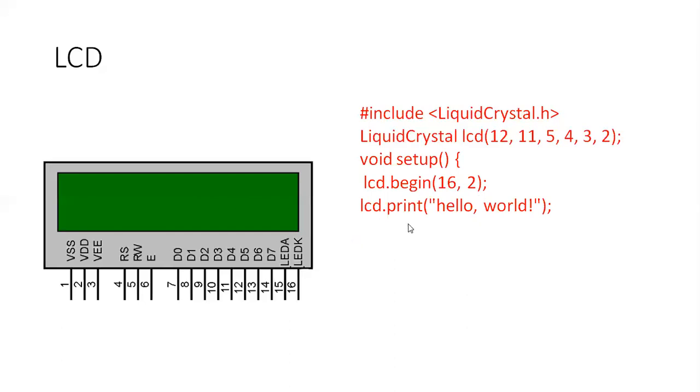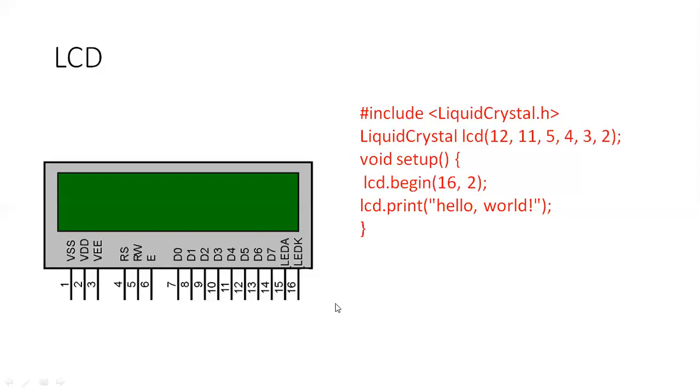Next one is lcd.print. Whatever data you want to print, within the double quotes we have to write it. So lcd.print is "Allowable". I'm just going to print it here. Later I will show how to change the data I want to print. That's it for the void setup.